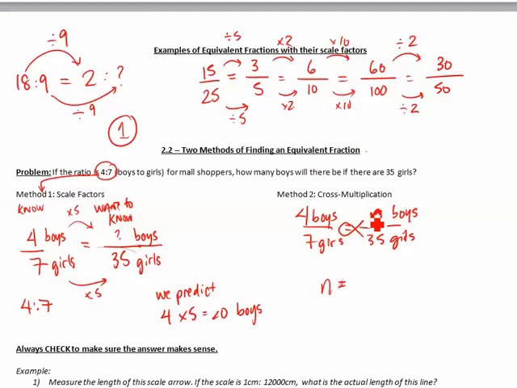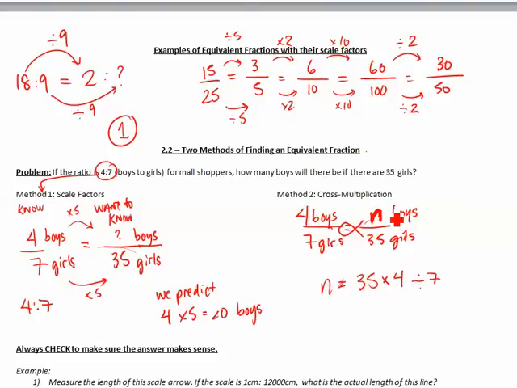We know that N is on the other side, so we'll start on the other side of the fish. Every time we travel across, we multiply. Every time we pass through the division sign, we're going to divide. So 35 times 4, because we're going across in a diagonal way, but then I'm crossing through the division sign, so divided by 7 equals N.